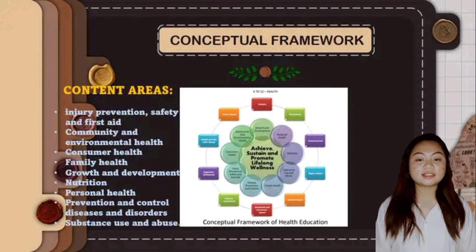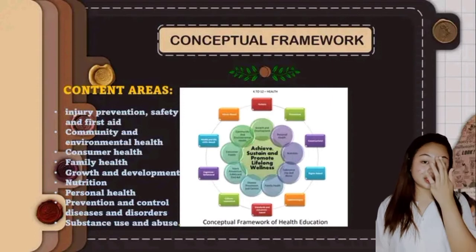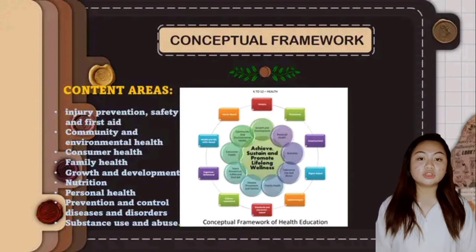That discusses the causes, and how to prevent accidents and injuries while you are performing various activities at home, school, or in your community. Next is the community and environmental health. So sa content area na ito, dito natin malalaman kung paano ba natin papangalagaan or puprotektahan ang ating community as well as our environment.